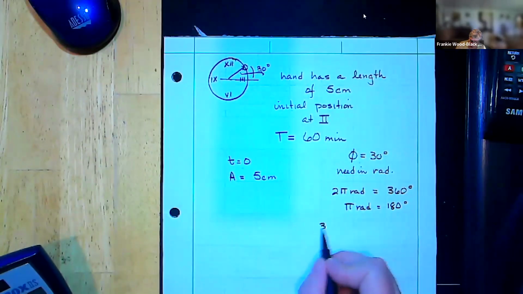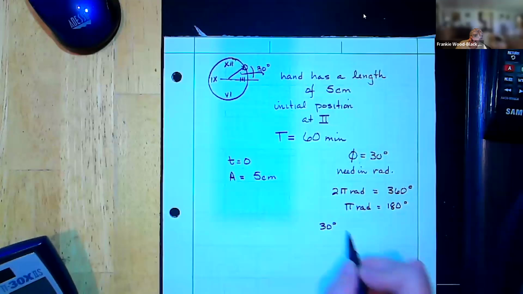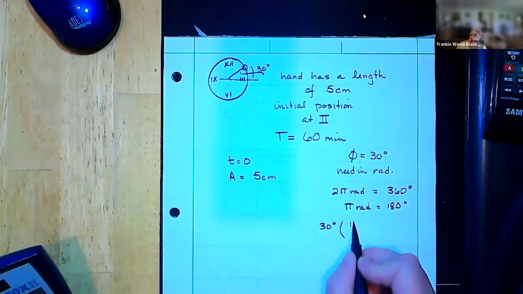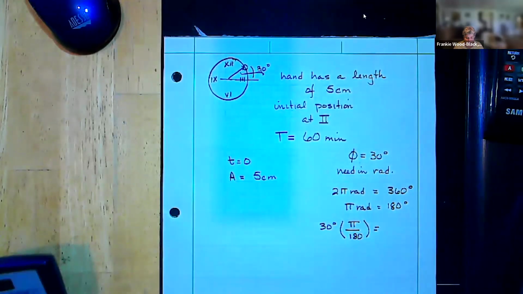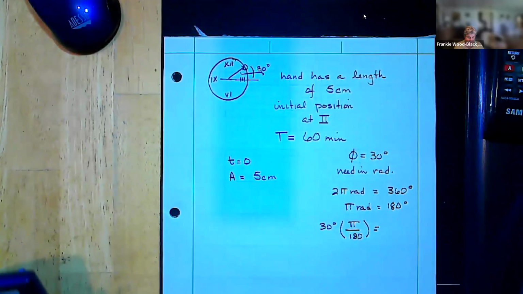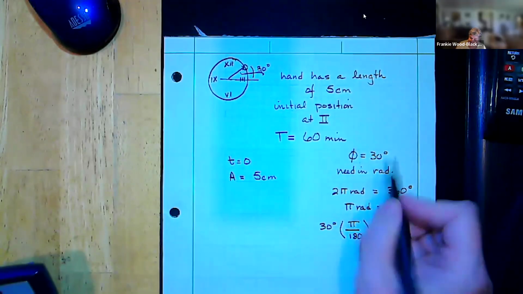So if I want 30 degrees, it's going to give me 0.523. So that's my phase angle.